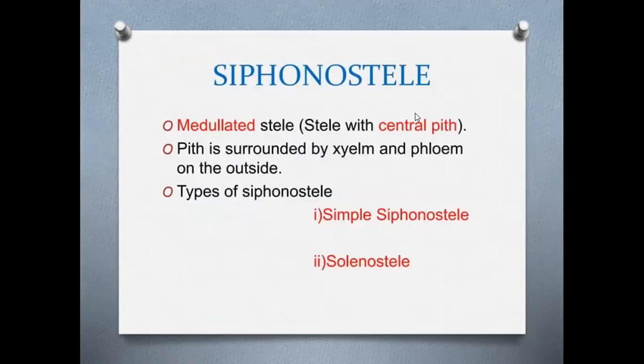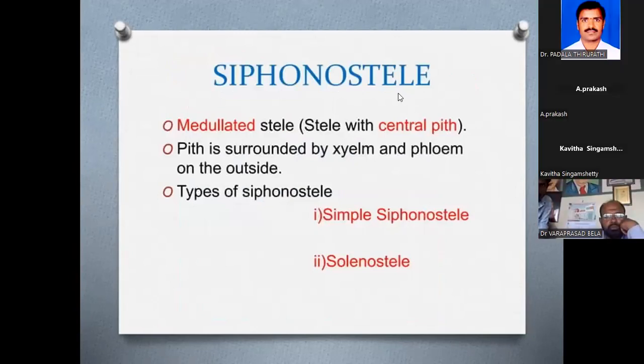Now, next we are moving on to the siphonostelic condition. Now, what do you mean by siphonostele here? Medullated stele, that is stellar region with the central pith region, is referred to as siphonostele. Siphon means a tubular, a tube-like structure in the center of the stele.